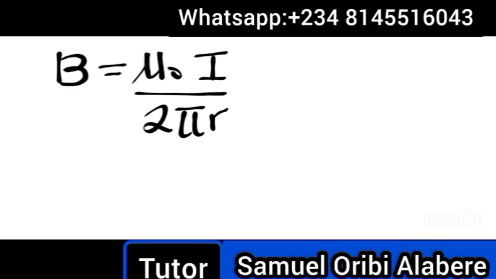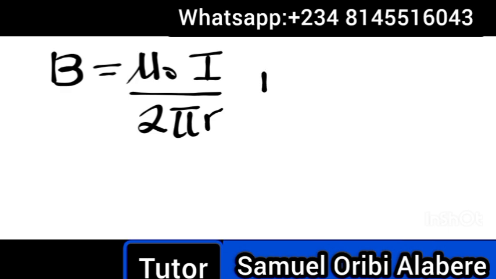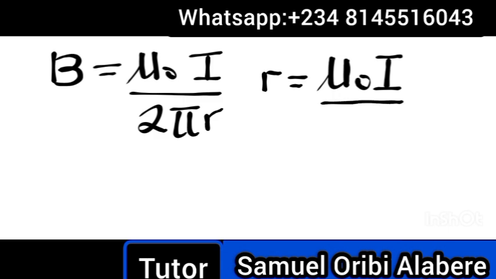So when we make R the subject of the formula, it will give us R is equals to mu naught times I, which is the current, all over B, which is the magnetic field, times 2 times pi.